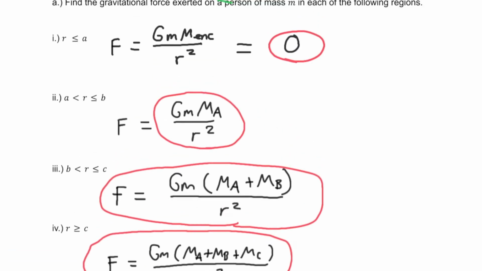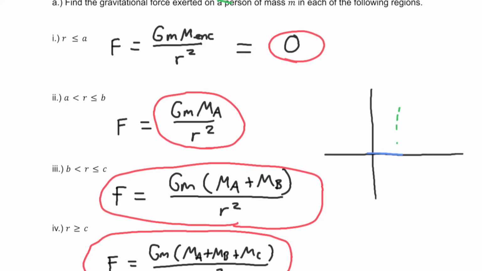So if you actually think about graphing this, the answer definitely depends on what the actual masses of the shells are, and how they compare. But we're likely going to get some graph that looks something like this. So it's going to be 0, and then we'll mark off some regions.